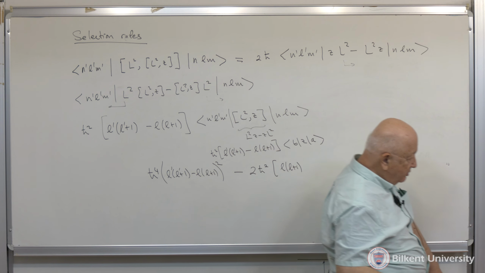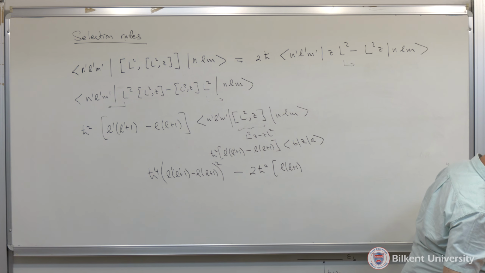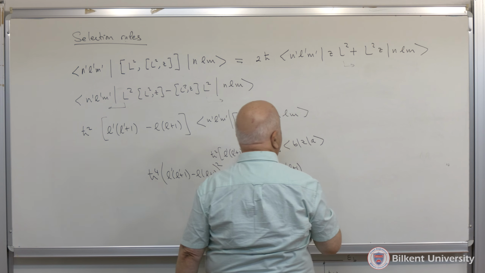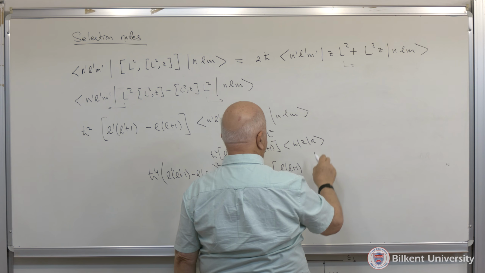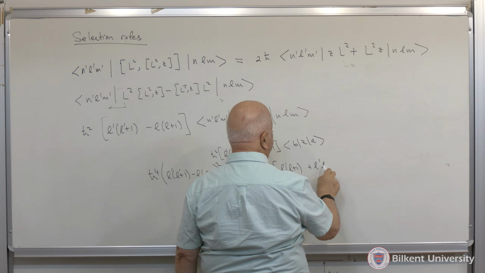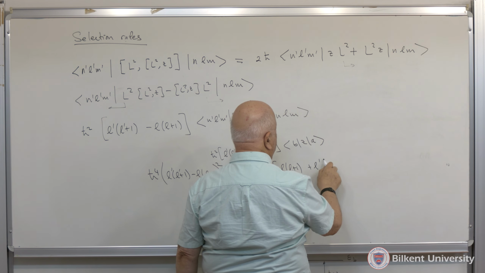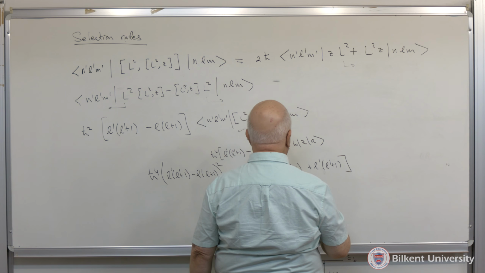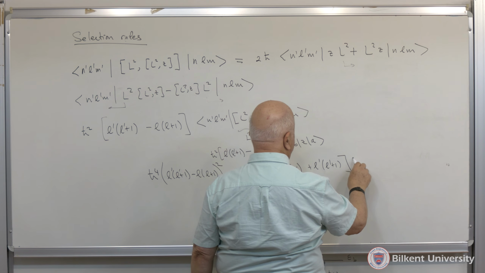I'm writing things which are not correct. Why are you not stopping me? This is not a commutator, so it's plus 1. So it's going to be plus l prime plus 1, and h bar squared.